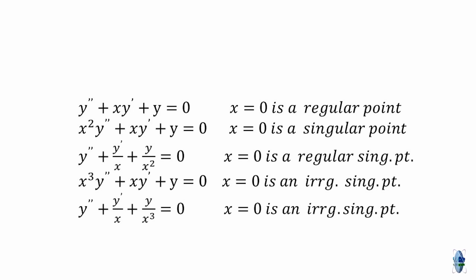The last example shows you what is an irregular singular point. So you've got y double prime plus y prime by x plus y by x cube. x equal to 0 is a singular point, and if you multiply with x the first function, which is p(x), which is 1 by x, then you get an analytic function.